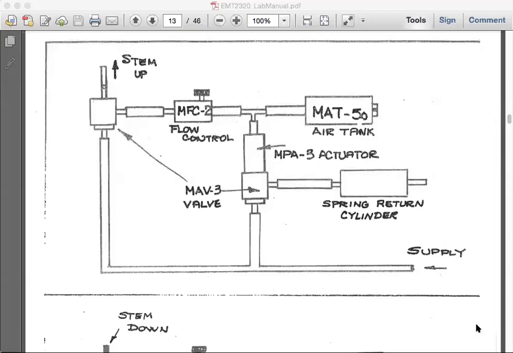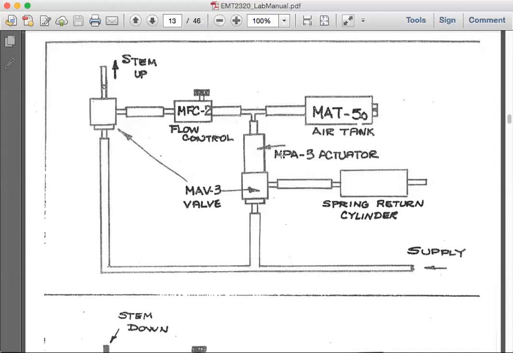So let's go back to our system. And here we go. As you see, since the stem is up, the pressure is stopped right here, and it's not allowing the system, waiting for the activation of the stem.